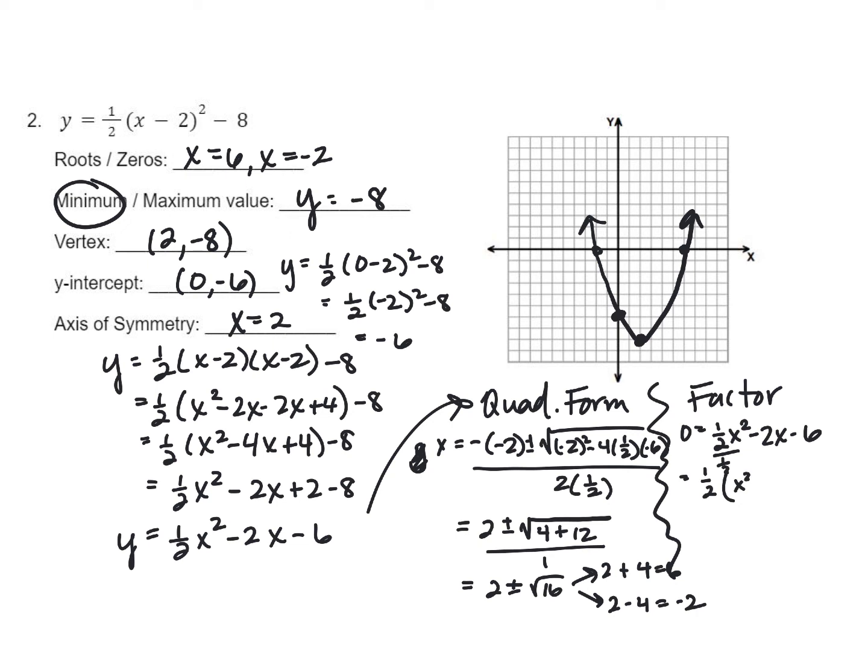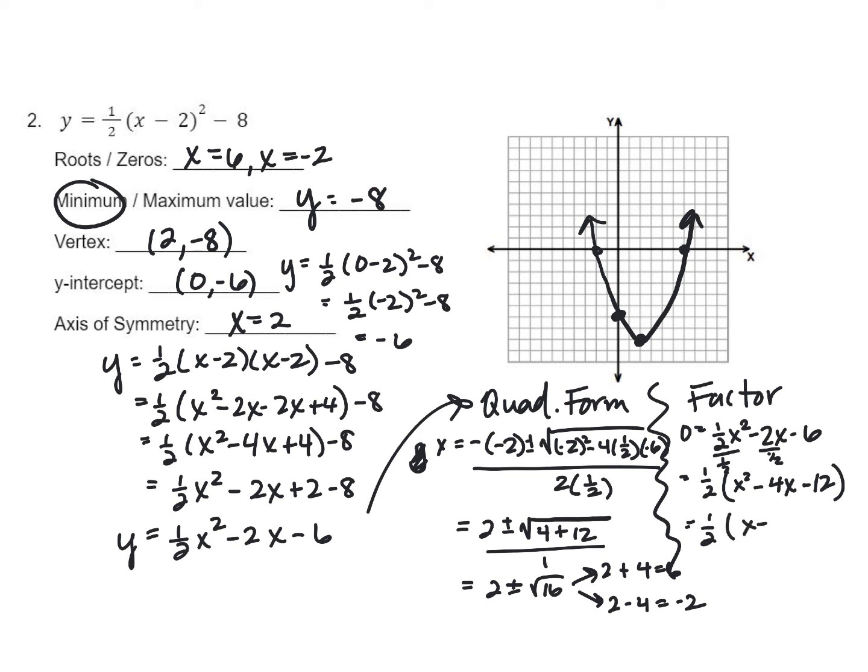But then you're going to have -2 divided by a 1/2. So not 1/2 of -2, but -2 divided by a 1/2, which makes it bigger. So that'll be minus 4x, and then it would end up being minus 12. So now when I factor, I can ask myself that question, what are two numbers that multiply to -12 and add to -4?